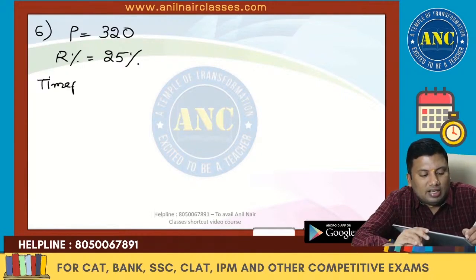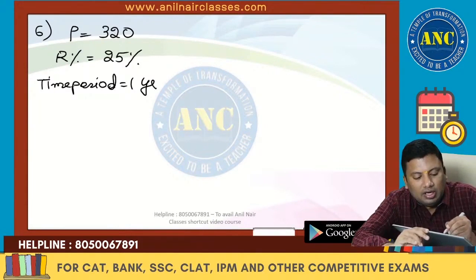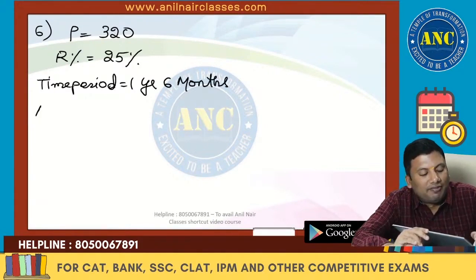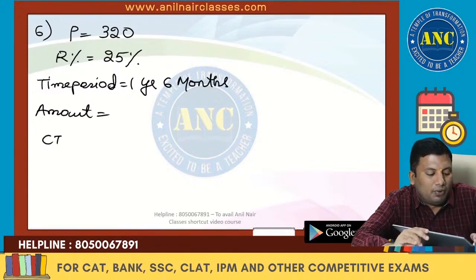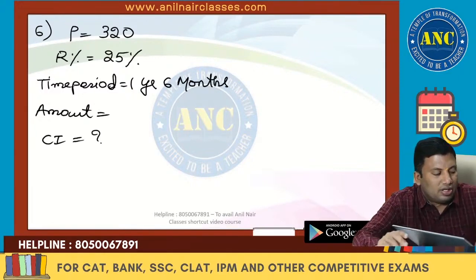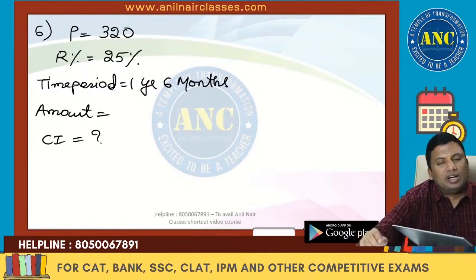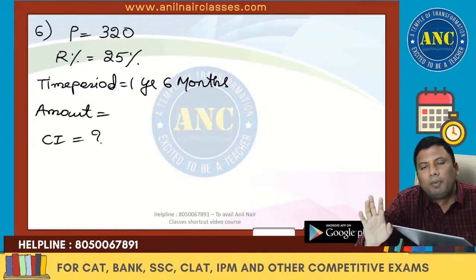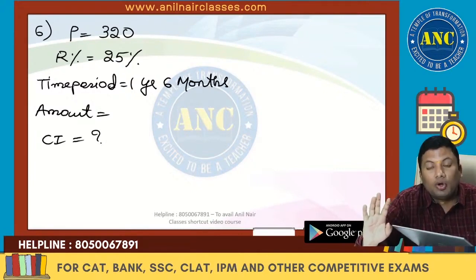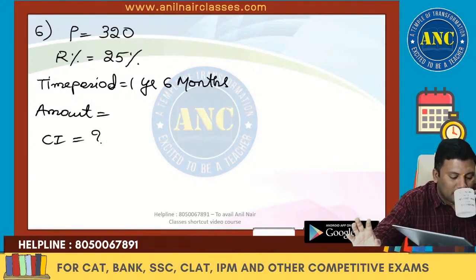Time period is nothing but 1 year 6 months. Find the final amount and find the final compound interest. Easy question, right? P is 320. There is no use of P into 1 plus R percentage power N.